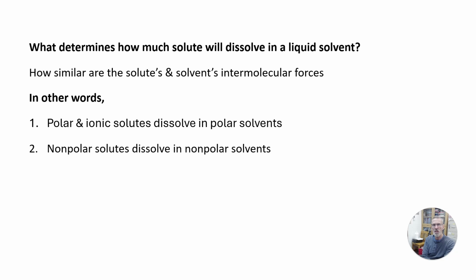The reason is that polar solvents have slight negative and slight positive parts on the molecules of the solvent, and the polar solute is going to dissolve easily in that, because the negative part of the polar solute can associate with the positive part of the solvent molecule, and vice versa.